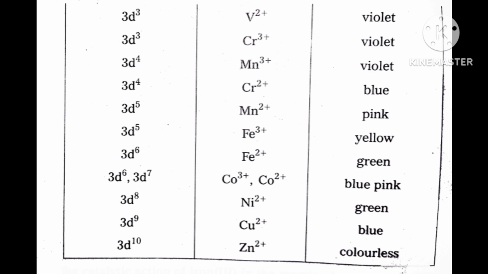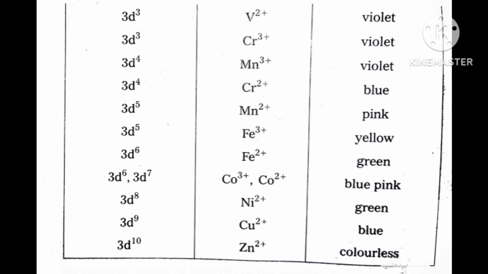Okay, now I am telling you about the formation of colored ions. This is very, very interesting. Already I have told you, and again I am telling you. This is the right place to tell the formation of colored ions.